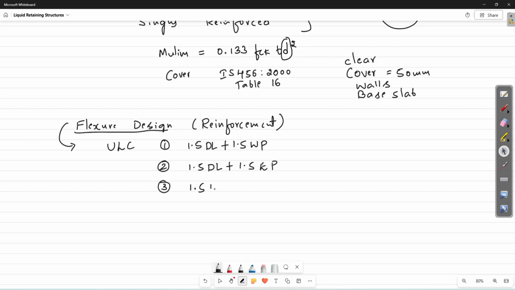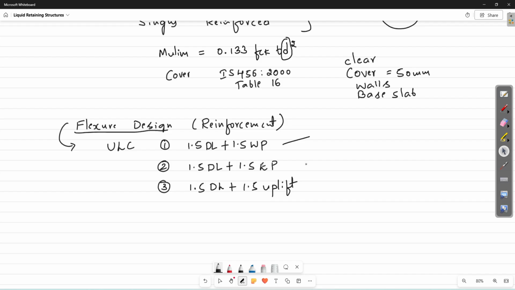Third, 1.5 dead load plus 1.5 uplift. So this is the combination due to water pressure.